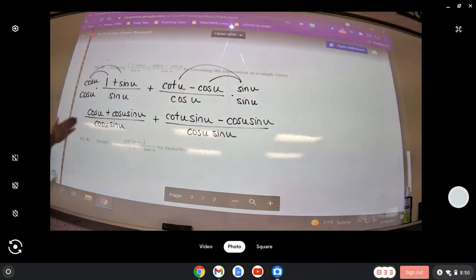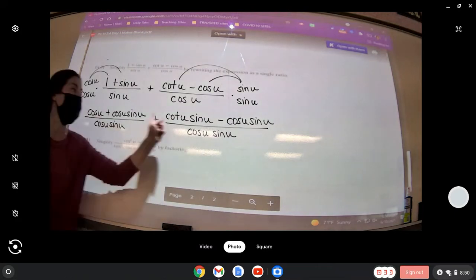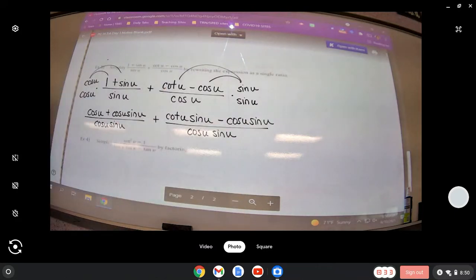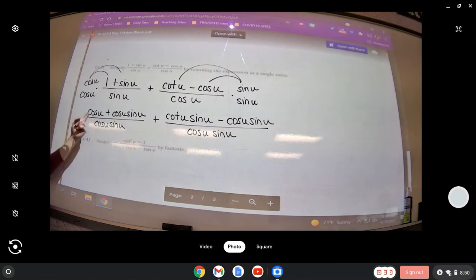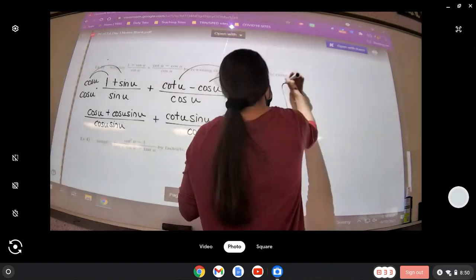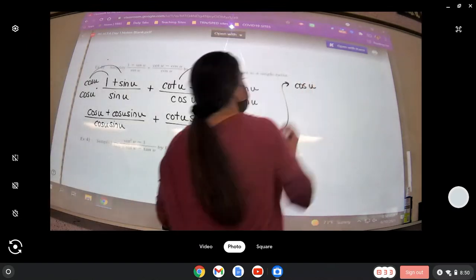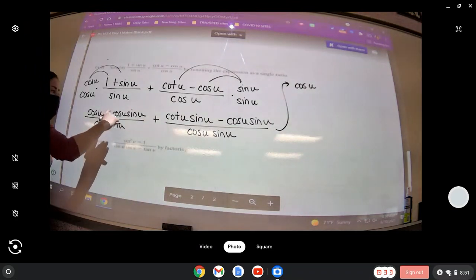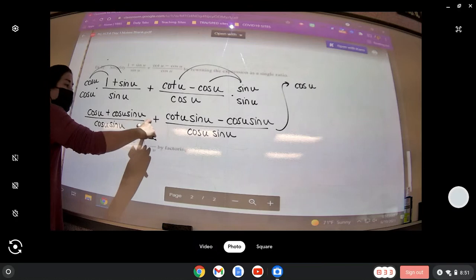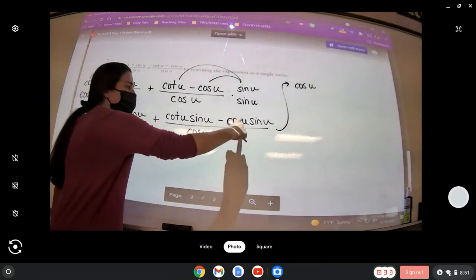Okay, so guys, now that we have a common denominator, I can go across and add my tops together. So I'd be looking for a cosine u to add together with another cosine u, but I don't have one, so that's going to stay cosine u. Then I have a positive cosine u sine u that I'm going to add with a negative cosine u sine u.